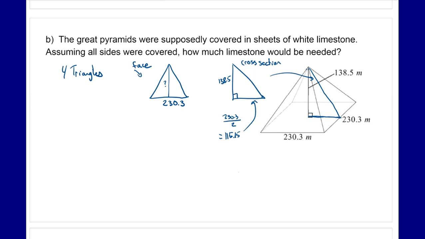So with this, I can actually figure out that slant height, because I can use Pythagorean theorem, a squared plus b squared equals c squared. I have 115.15 squared plus 138.5 squared equals c squared. Square those, and I get approximately 32,441.77 equals c squared, but I need to square root all of that.